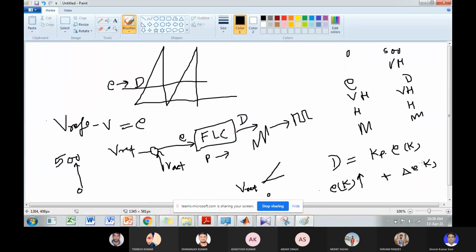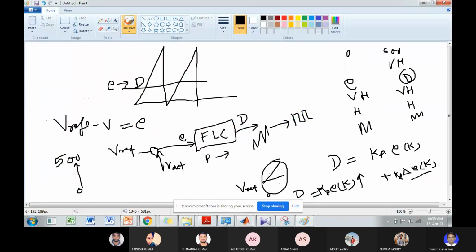There is a change in the error. So the required change in duty cycle depends on Kp into error as well as Kd into change in the error. So higher the change in the reference voltage, faster the change in the reference voltage, the reference voltage is increasing with time, we need to increase the duty cycle faster.